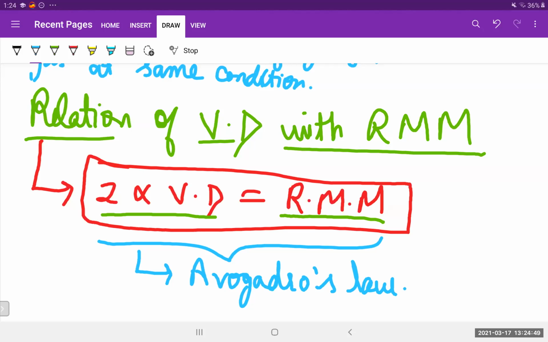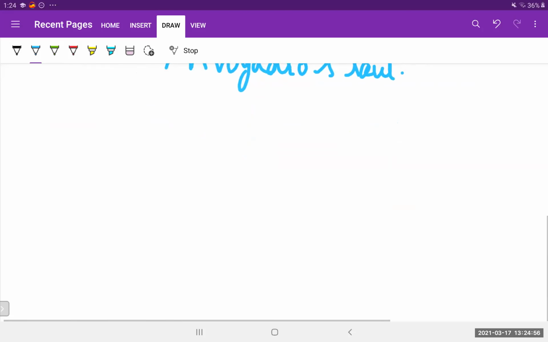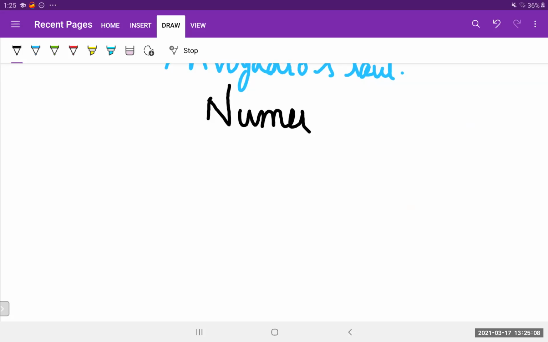Let's move further. Now we move on to the next thing, that is the numerical part, because in this chapter you will not be getting many definitions. You just have to focus on the numericals only. Definitions, you can just know what is vapor density and what is the relation of vapor density with relative molecular mass.